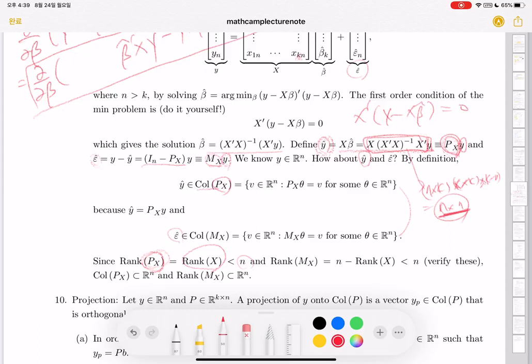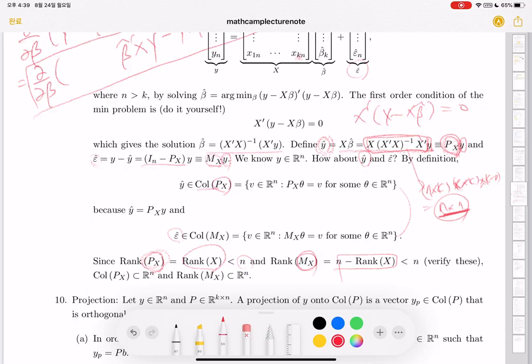Precisely speaking, it constructs a k-dimensional linear subspace in n-dimensional Euclidean space, and the M sub x also constructs an n minus k dimensional linear subspace in n-dimensional Euclidean space.